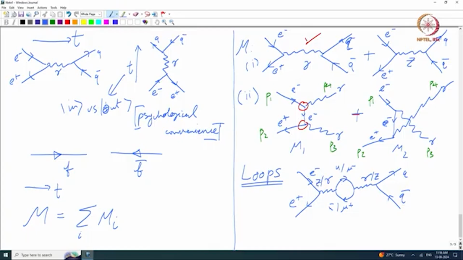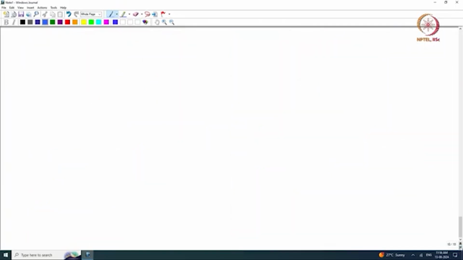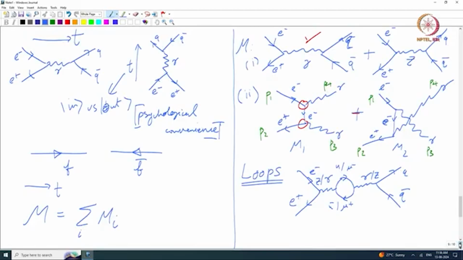But I can't stop just there, I can go even further. Why should I draw a loop only on the photon or the Z boson that is being exchanged? I can draw a loop here also. Let me show you. I'll just do it in the previous page.